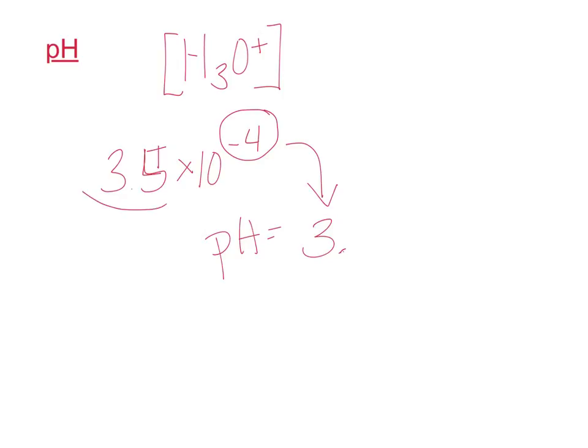Okay, now this number right here is where we determine how many significant figures will be included in the overall pH. That is to say that this number has 2 sig figs, and this will be included as 2 sig figs to the right of the decimal point in the pH. And there's obviously not a linear relationship: notice that I have 3.5 here, but when I calculate the negative log, it comes out to 0.46 on the right side of the decimal point.